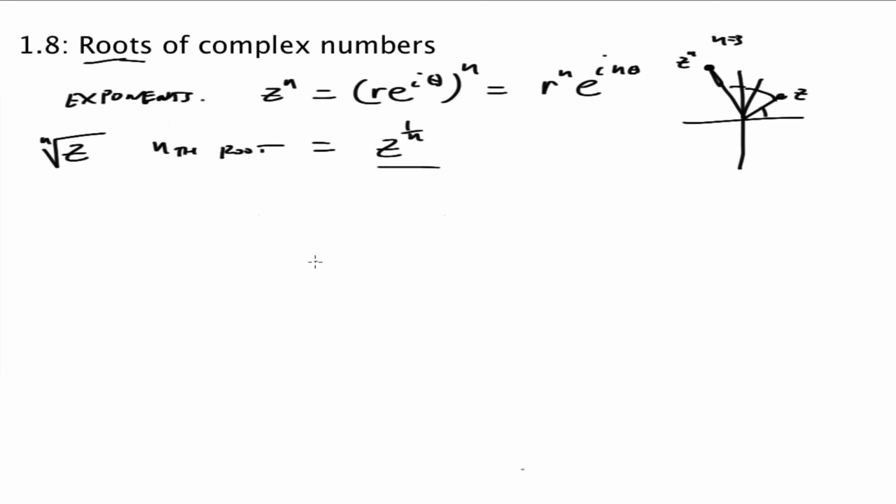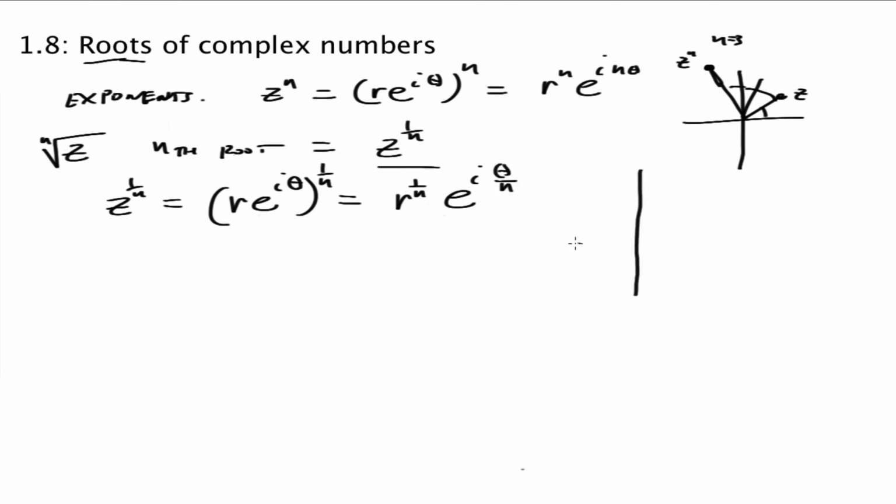So I'm going to try the same trick there. z to the 1 over n is just like any other exponent. So that will be r e to the i theta, our representation, all to the 1 over n power, and that becomes r to the 1 over n, and then e to the i theta divided by n.